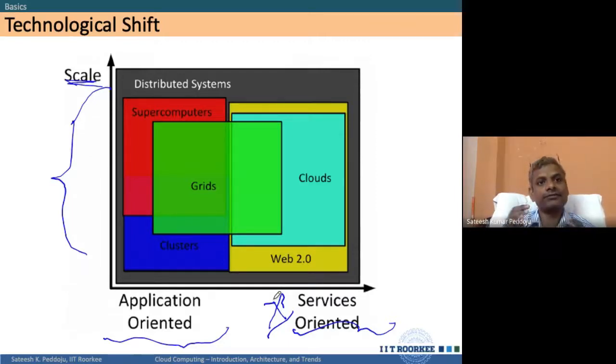One such approach is your cloud, which allows you to use resources on a service basis. These resources span across the globe, not just one place.